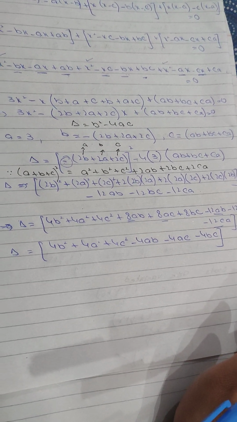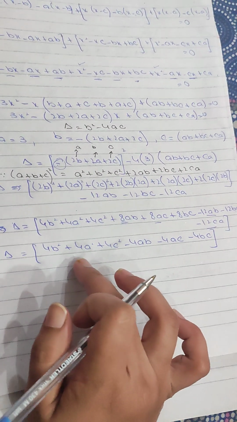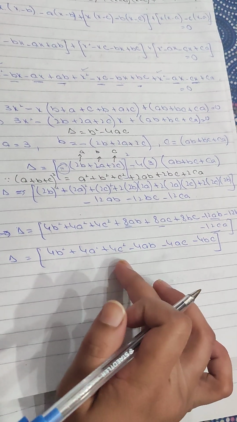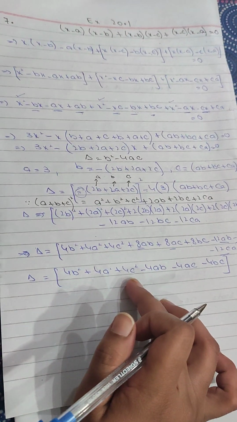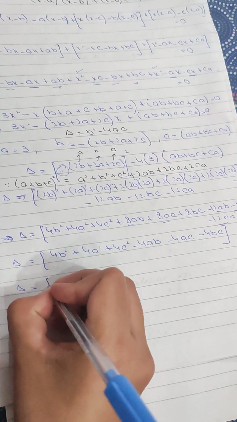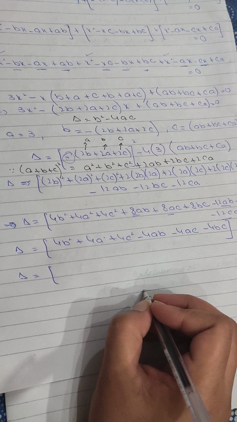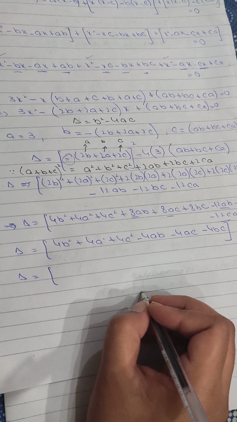Now we have to convert it into a perfect square. We are having three variables a, b and c. So we have to split the values to convert it into a whole square. So let's try to convert it into a whole square. First we can take 4 as common.